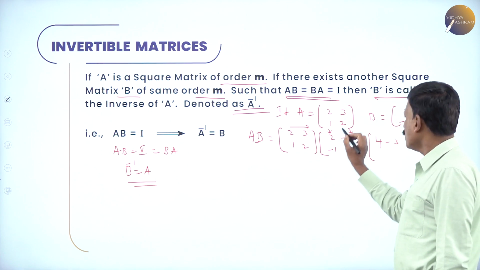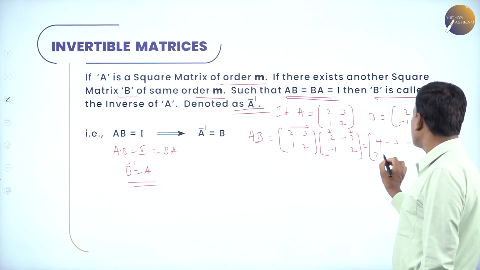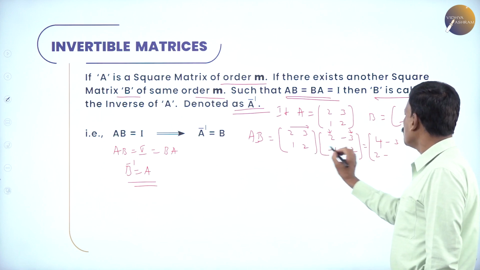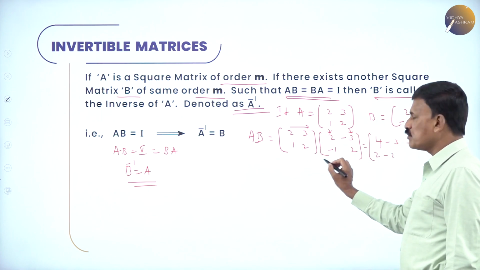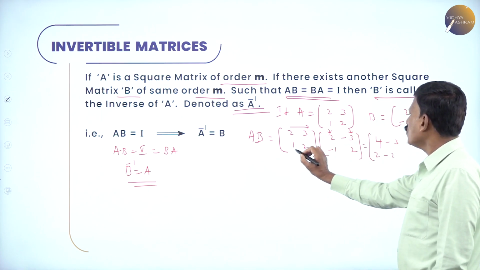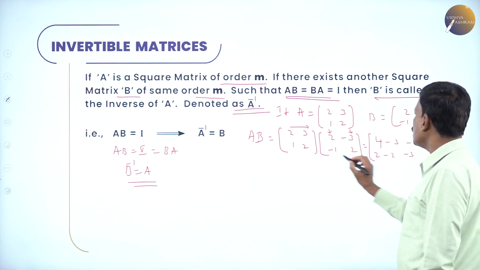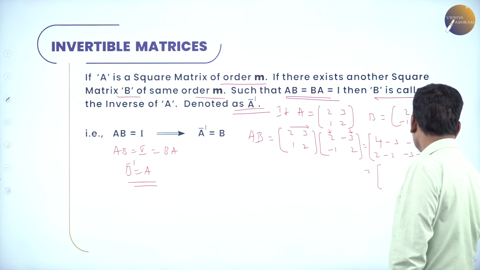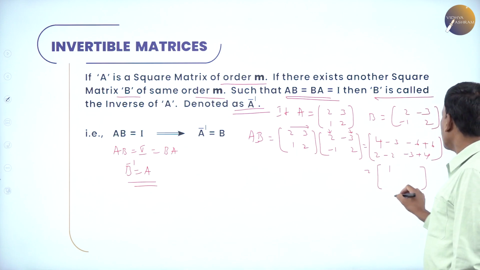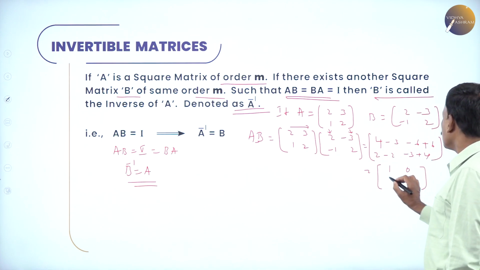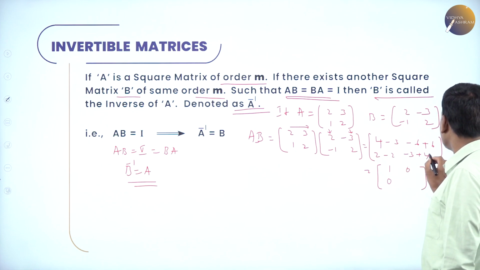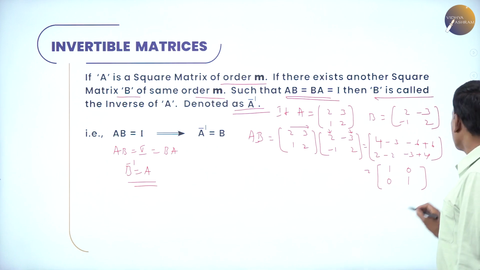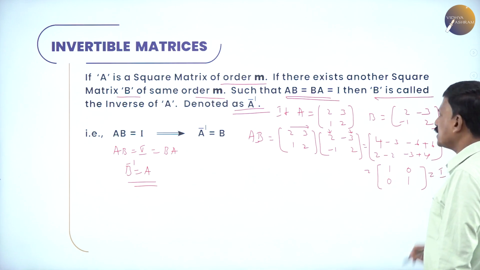Second row, first column: 1 into 2 is 2, minus 2 into 1 is minus 2. Second row, second column: 1 into minus 3 is minus 3 plus 2 into 2 is equal to 4. So this is equal to 4 minus 3 is 1, minus 6 plus 6 is 0, 2 minus 2 is 0, 4 minus 3 is 1. So now 1, 0, 0, 1 is nothing but an identity matrix.